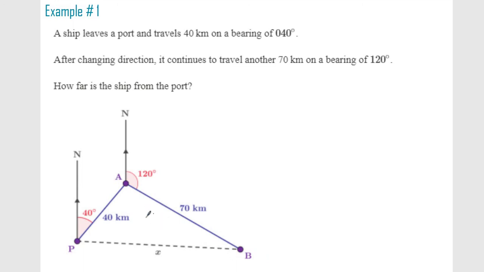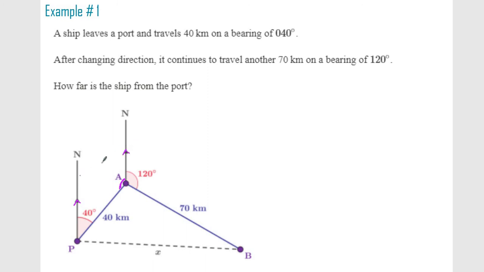Now we want to find how far I was from my original position. If I hadn't gone out of the way and made a right turn, what if I had just gone directly from point P? How far away is that? So we need to find certain things about our angles. For example, it would be useful to know what this angle is, because we can figure that out since we have two parallel lines, because these are north lines.